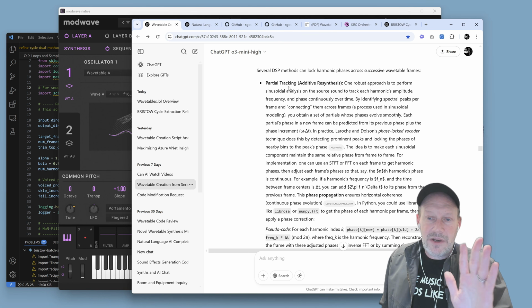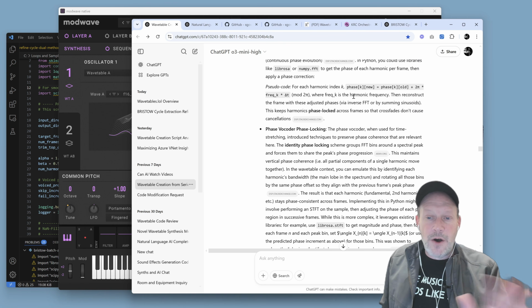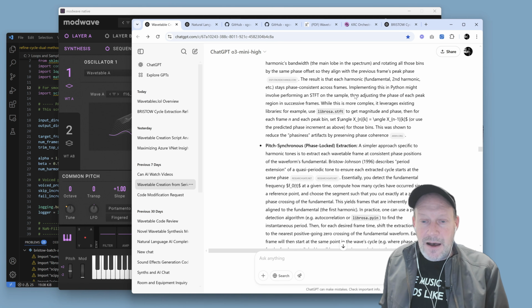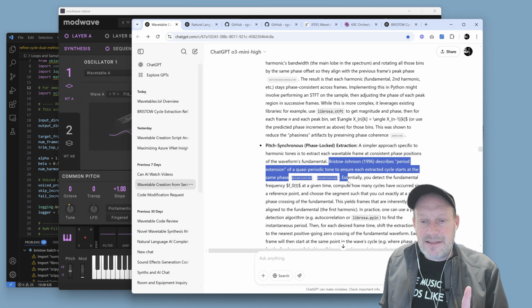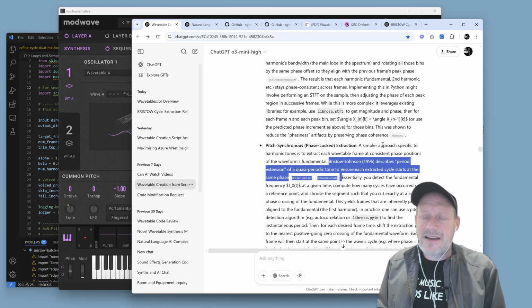We can use additive synthesis and partial tracking to do that. We could use phase vocoders to do that. We can use pitch synchronous extraction. So this was actually very useful to me. I didn't at the time follow this exact research paper by Robert Bristow-Johnson, which tells you everything about the basics of wavetable synthesis, from an early point.